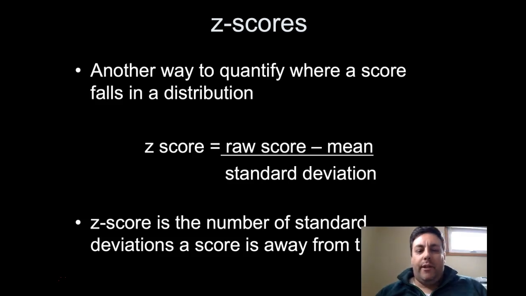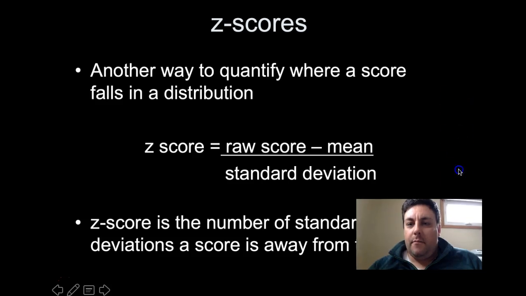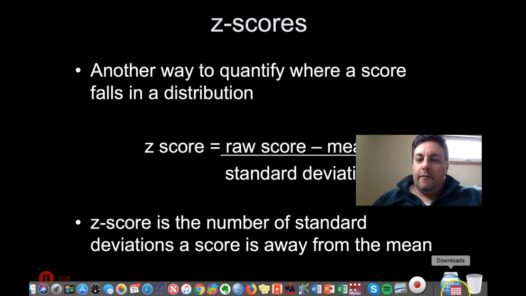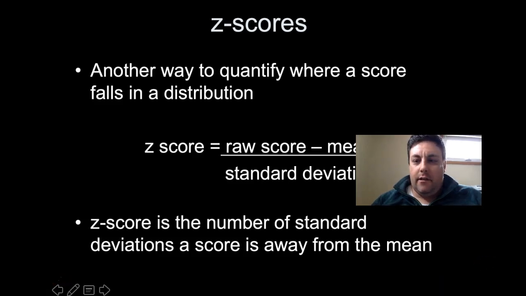The z-score really is the number of standard deviations a score is away from the mean. So it's really a way of calculating the distance any given score is away from the mean.